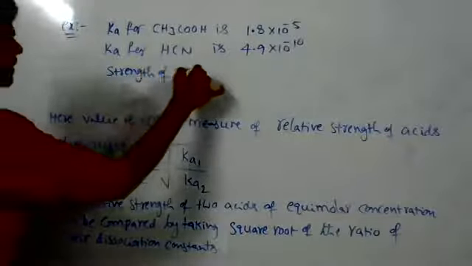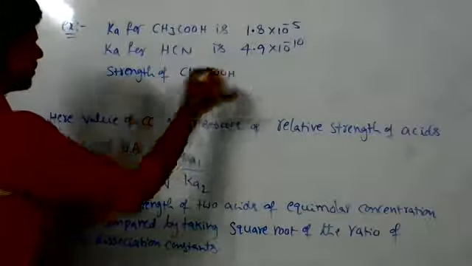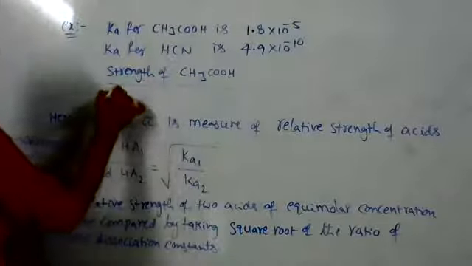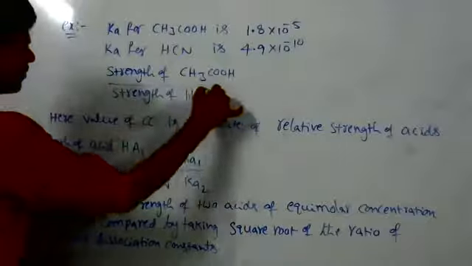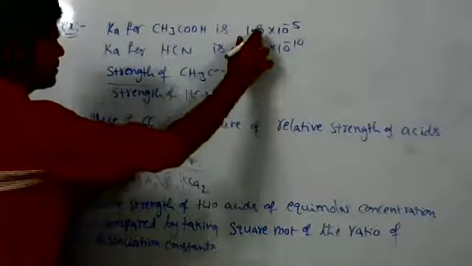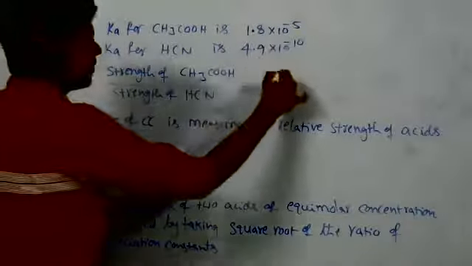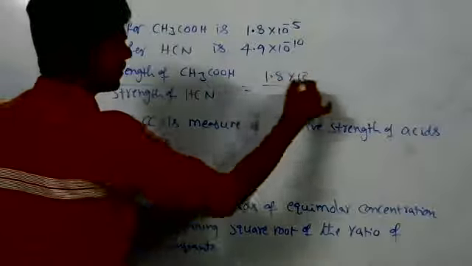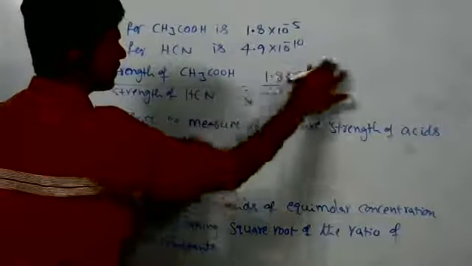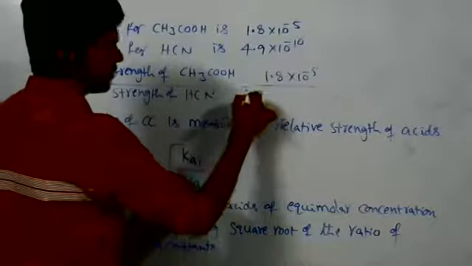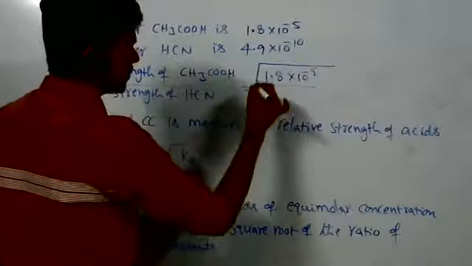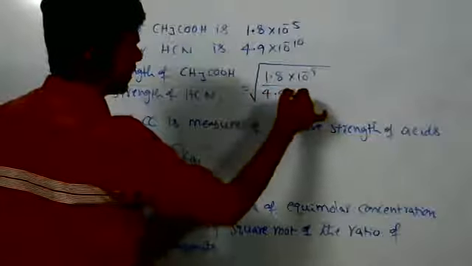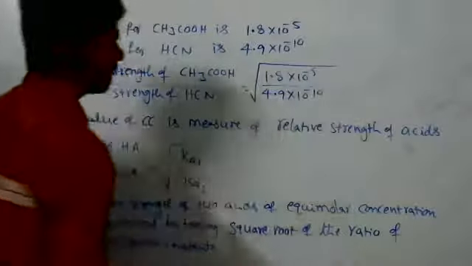Strength of CH3COOH by strength of HCN is equal to square root of 1.8 into 10 power minus 5 by 4.9 into 10 power minus 10.